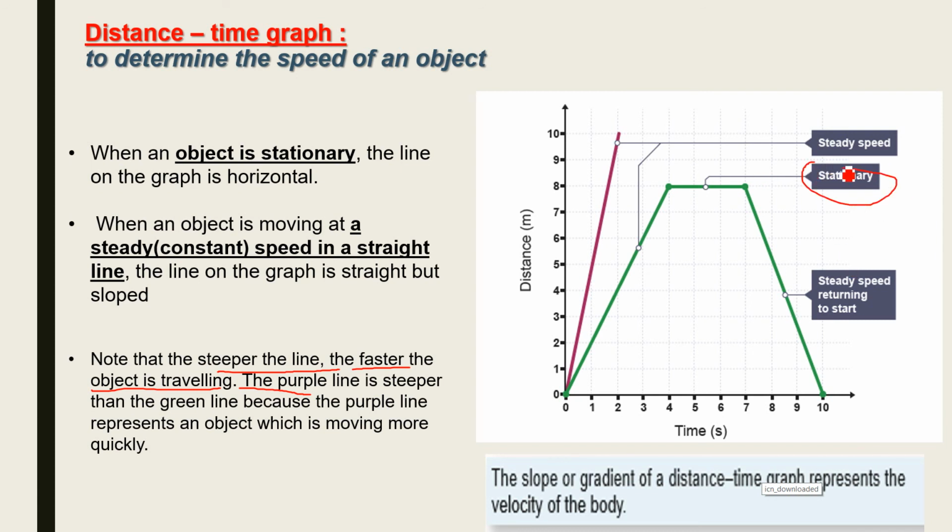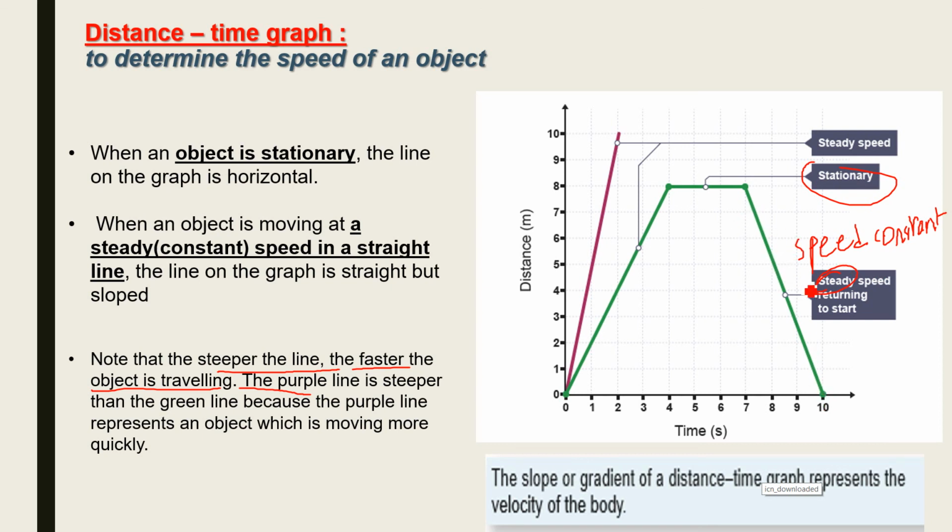So this is stationary. And what about the one which is sloped downward? So girls, it is also straight. So here also the speed is what? Also it is constant. It's steady. Since it's straight, the speed is also constant, but it's sloped downward.